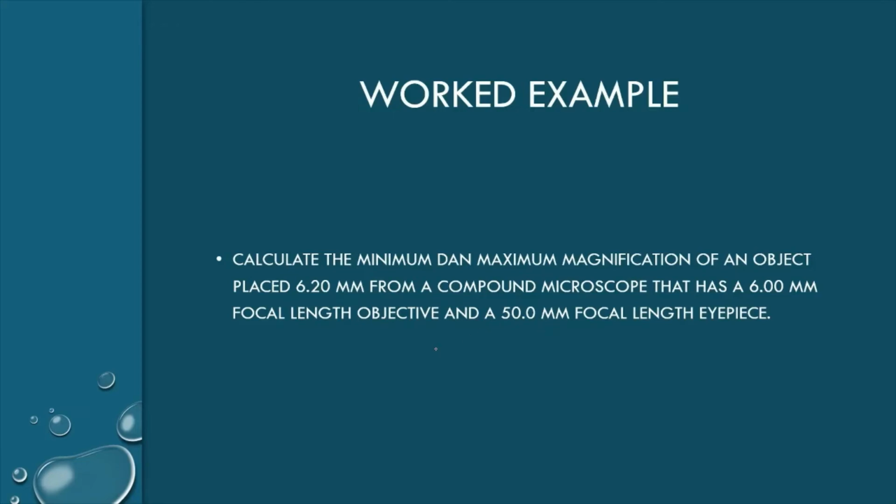The minimum magnification is the total magnification for observation without accommodation, and the maximum magnification is the total magnification for observation with maximum accommodation. Remember, total magnification is the product of the magnification of the objective lens and the magnification of the eyepiece. So now we will start the calculation from the magnification of the objective lens.